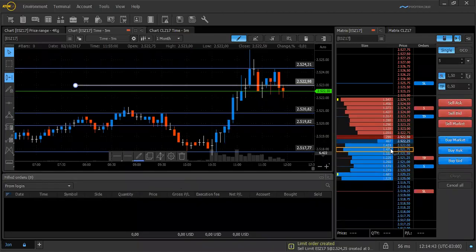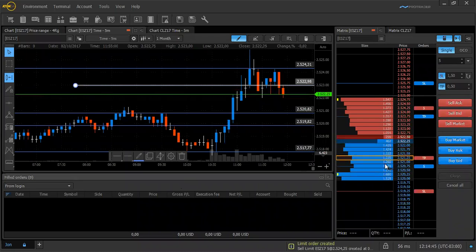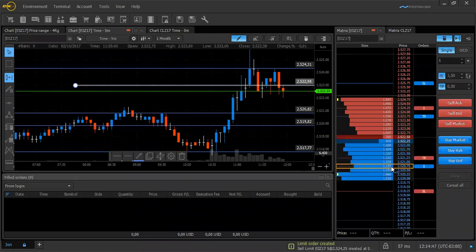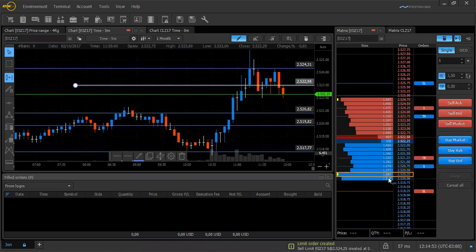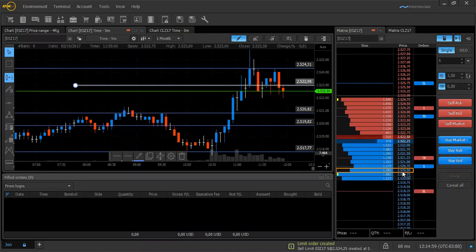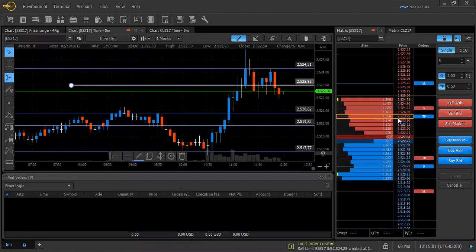Also, regarding the amount of contracts here on the screen, we also want to place our order in a safe zone. What is a safe zone? A safe zone is an area of price where there are more offers than the opposite side. So let's say, for instance, that right now it's pretty even, as you can see.